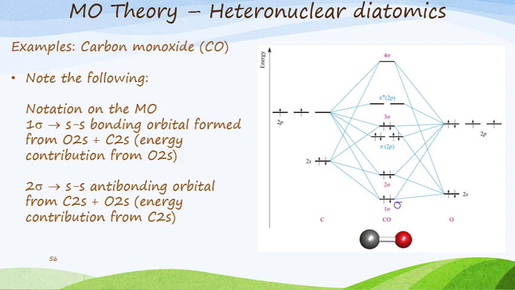And then the next one is the anti-bonding orbital, which is this one here. That's the anti-bonding orbital for the interaction between carbon 2s and oxygen 2s. And you will actually see that this anti-bonding orbital is lower in energy than the 2s of the carbon.